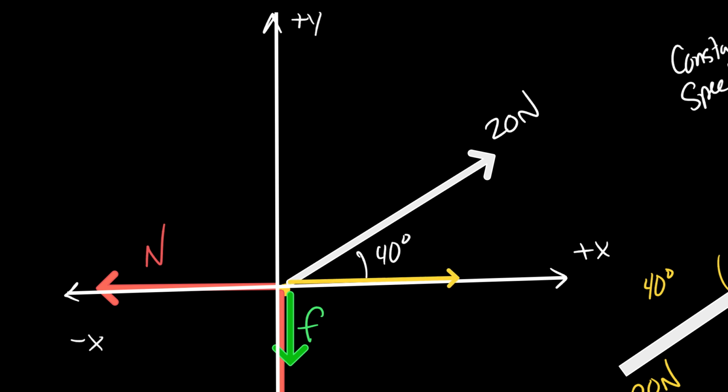So that suggests an arrow like this and an arrow like this: one that's aligned with the y direction and one that's aligned with the x direction. And once I've done that, this is 20 sine 40 degrees, and this one is 20 cosine 40 degrees.